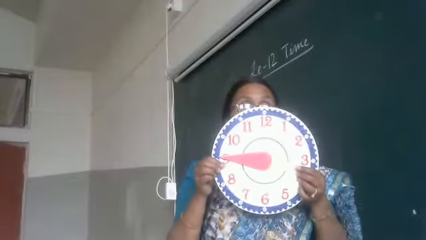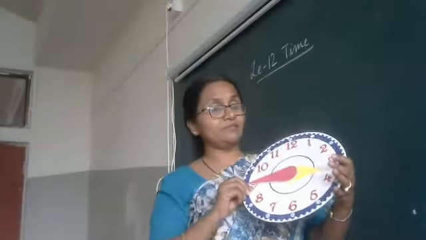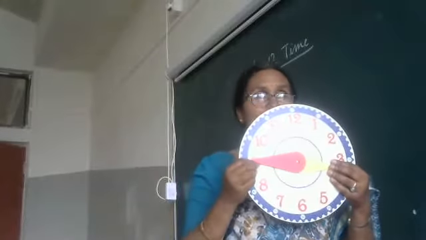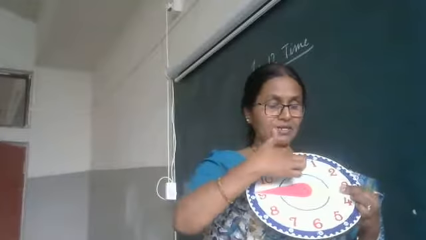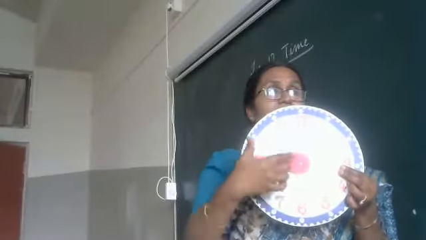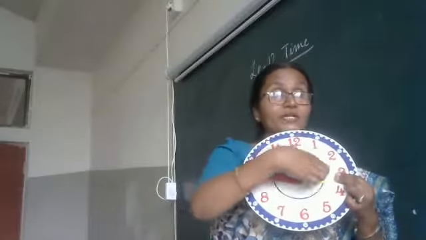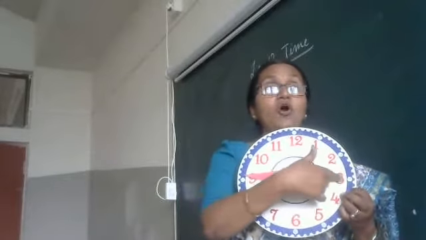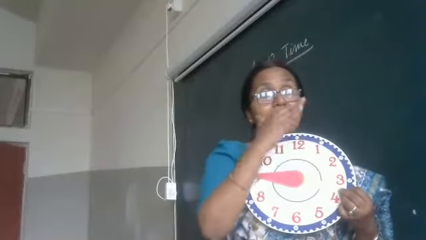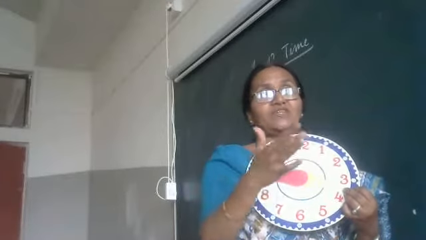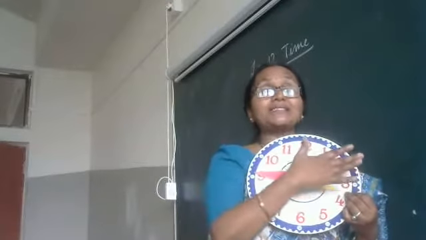3:45. It is past half, and it is now quarter to the next hour. This is quarter past: 15 is quarter past. 8:15 means quarter past 8.